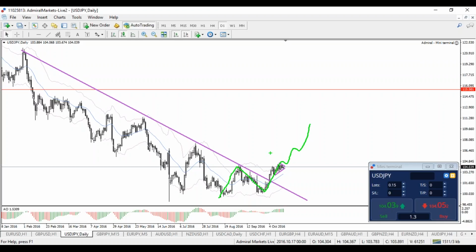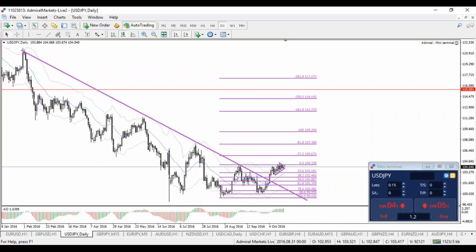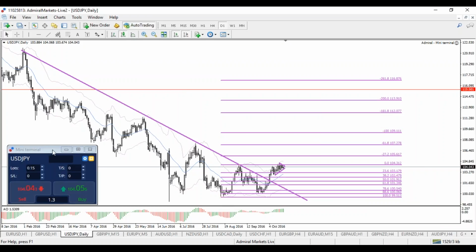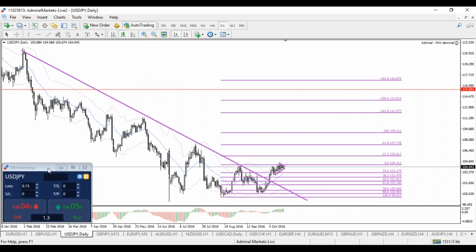In both cases, there's a lot of space still left. Even if we take the conservative target, it is 105.60, more aggressive 107, even more aggressive 109 or 112. So a lot of upside potential here after this trendline break.